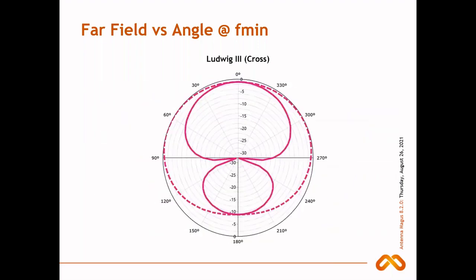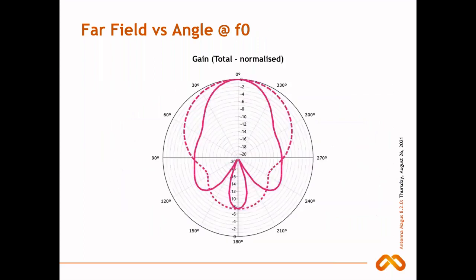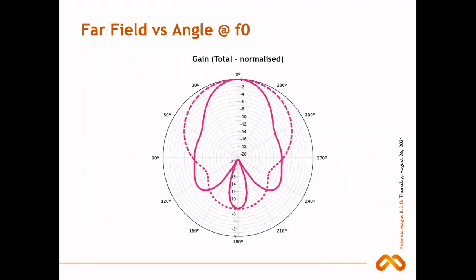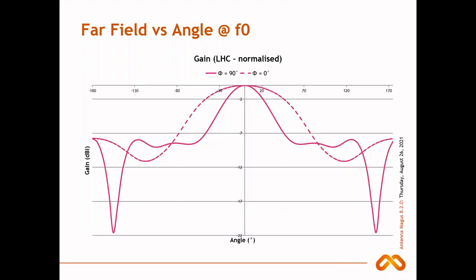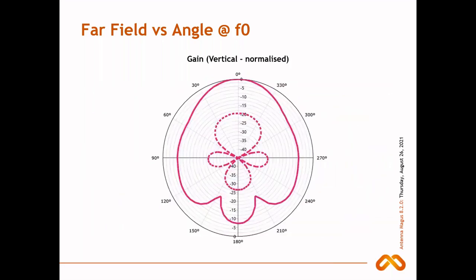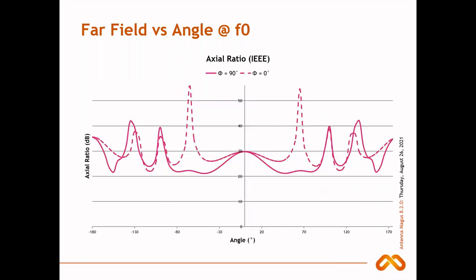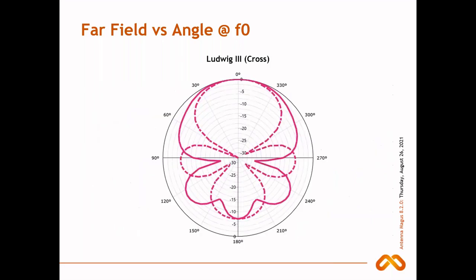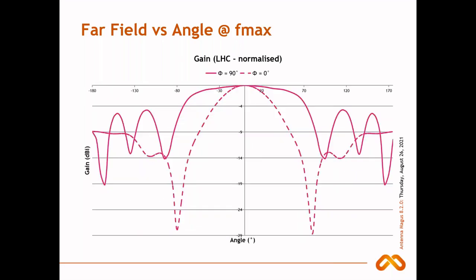Okay, so all the parameters you can see, gain total, normalized, you can see this result, gain, main lobe, side lobes, all these things, how good the results are. So total, normalized, LHC, all these, 2D polar. So all these things you can see. So many results.